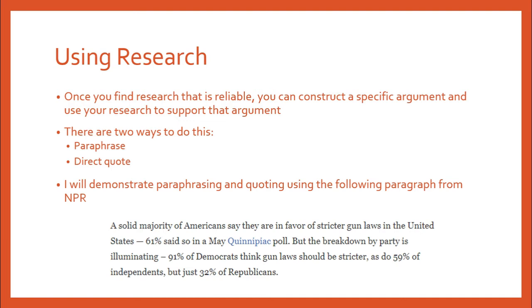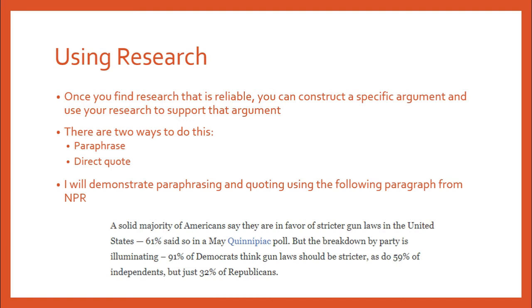So, for example, you can't say this because I specifically said you can't talk about guns, but the process would be first you find research, then you can say we should have stricter gun laws or less strict gun laws, and once you've had that specific argument formulated, then you can implement your research as support. And so there are two common ways that you can use research as support for your argument. One is by paraphrasing, and the other is a direct quote.